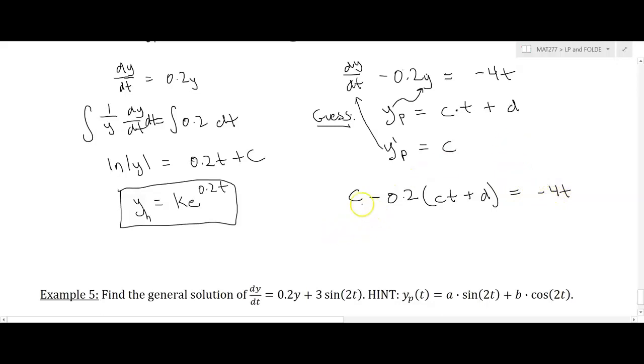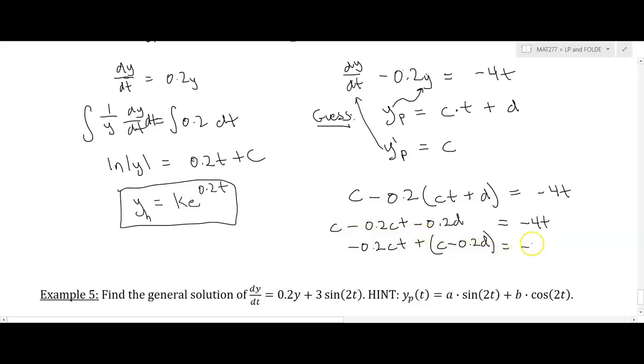So watch what happens. If we distribute things through, we'll have c minus 0.2ct minus 0.2d has to equal -4t. Now I see that I have that t term here, so I'm going to write this as -0.2ct, and then I have left over c minus 0.2d.